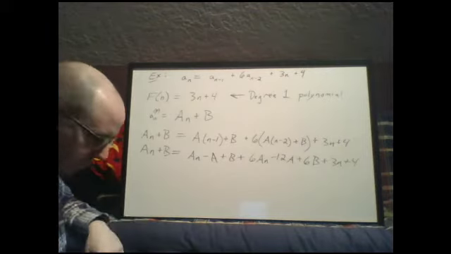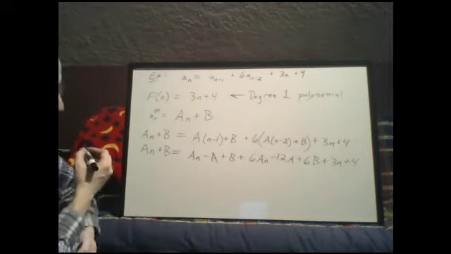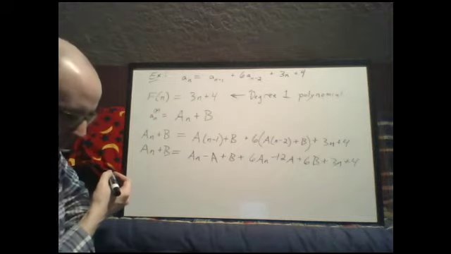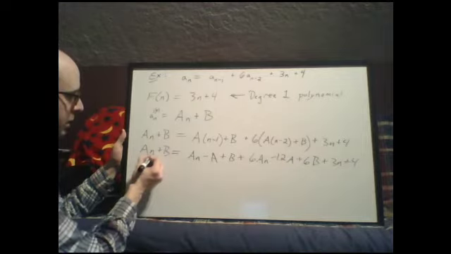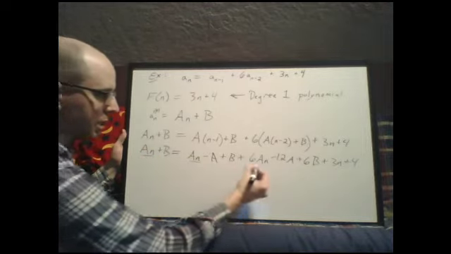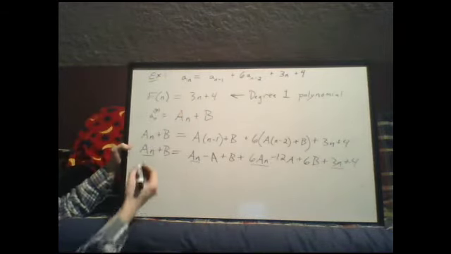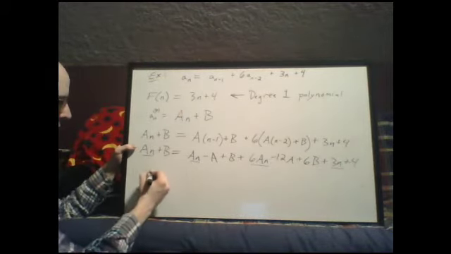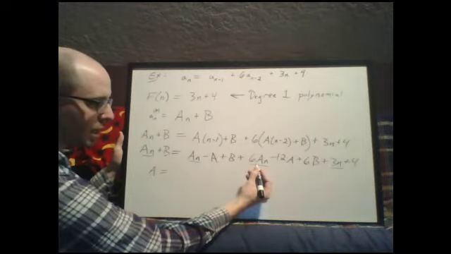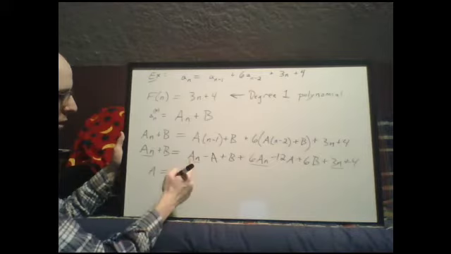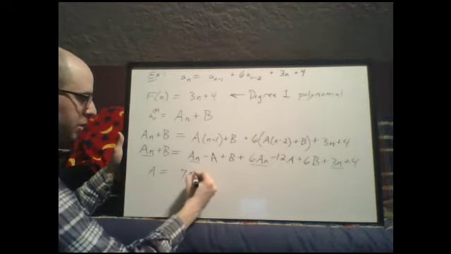Okay, so here's where I'm going to take a shortcut. Well, what I consider a shortcut. Opinions may vary. I want to match coefficients, so let's just look at the things that have n's. On this side I've got An, so I get A. On this side I have An, 6An, and 3n. So A plus 6A plus 3, that's 7A plus 3.